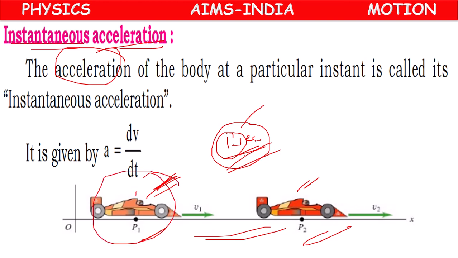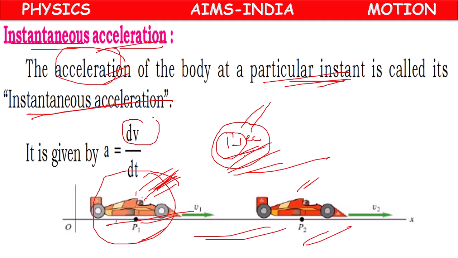So in that particular 1 second, how much change happened in the speed of the car, that acceleration in that particular instant is called instantaneous acceleration.